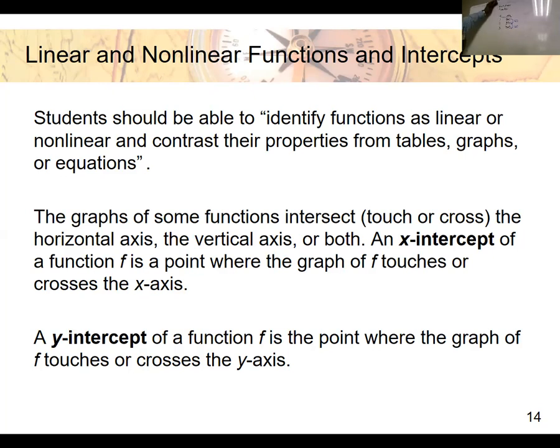So let me give you an illustration of that. Let's say I have an x and a y-axis. So here's my x and here's y.